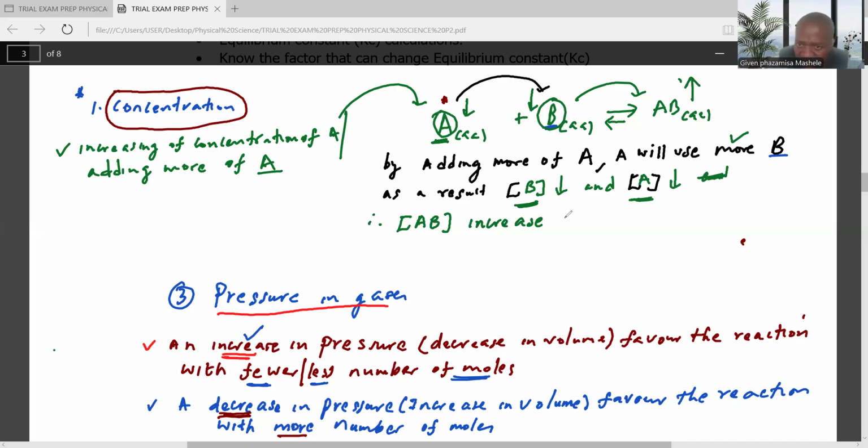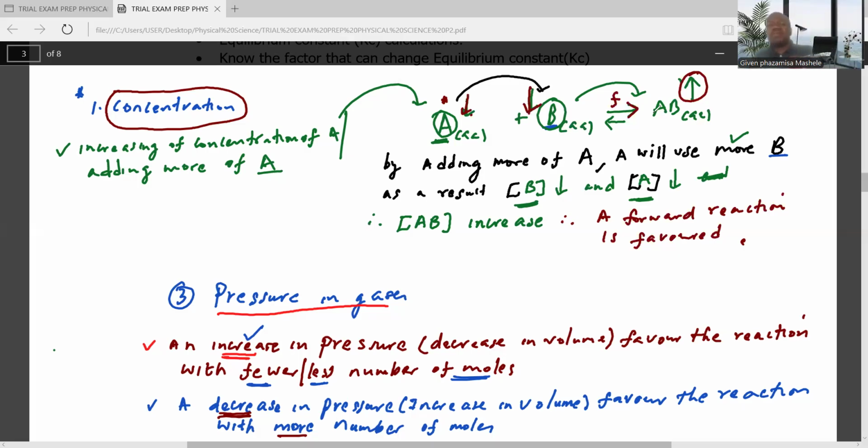So it means a forward reaction is favored. Why? Because it's the side where there is an increase. This side has decreased, and this side has increased, which means a forward reaction is favored.